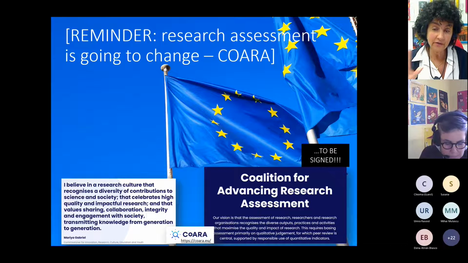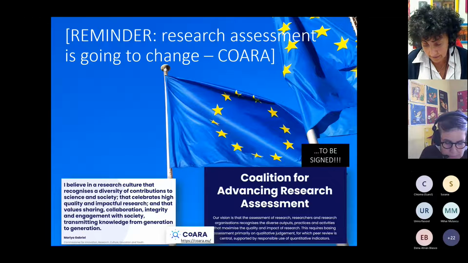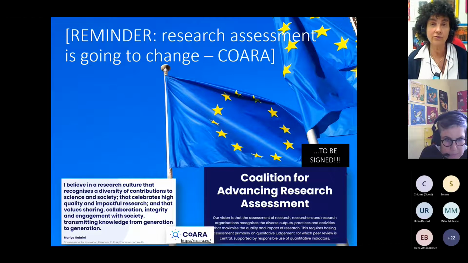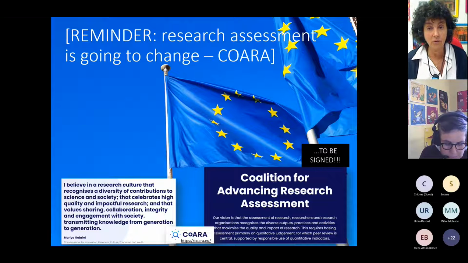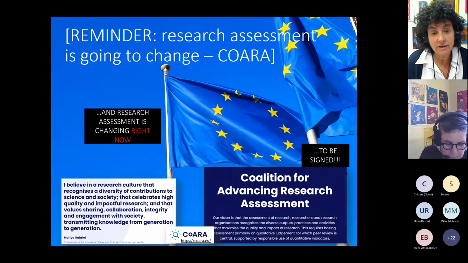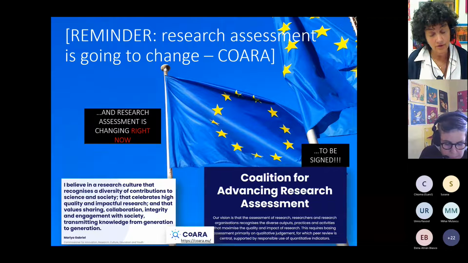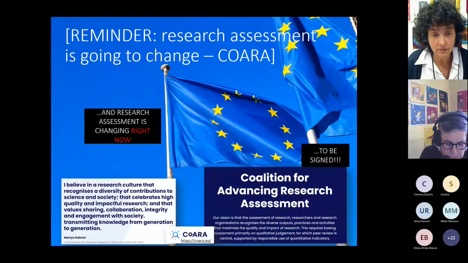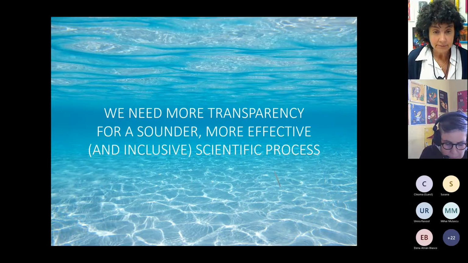And in 5 years, you have to give the first result, okay? So it's very practical, and I hope that all the institutions which signed the agreement are aware of this. So research assessment is changing right now. Bear this in mind while I am talking.